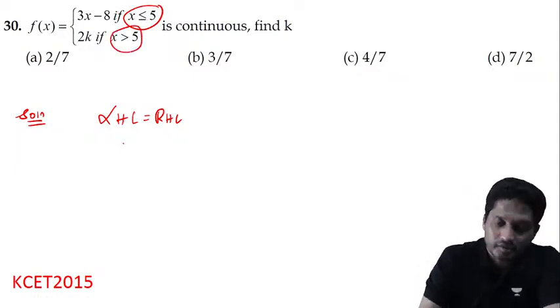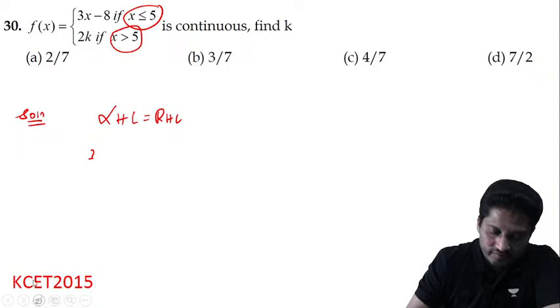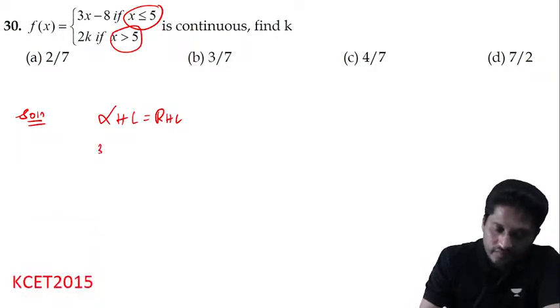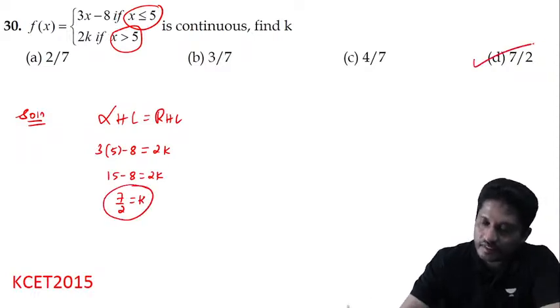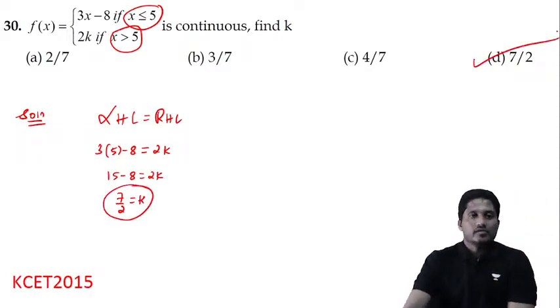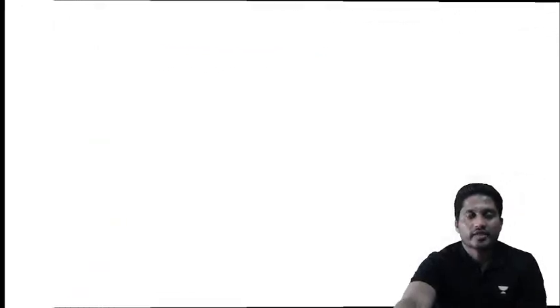You take 5 and substitute, you'll get 3 into 5 minus 8. Right hand limit is 2 into k. So 15 minus 8 is equal to 2k. 7 by 2 is equal to k. Right, let's move to the next question.